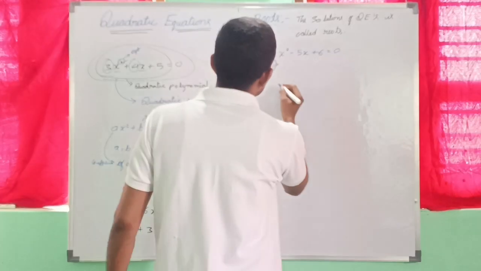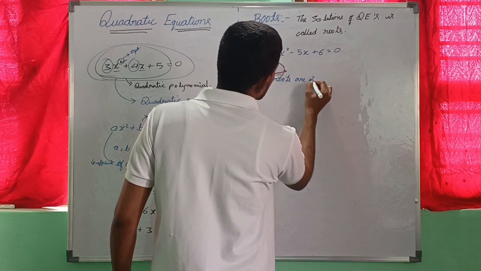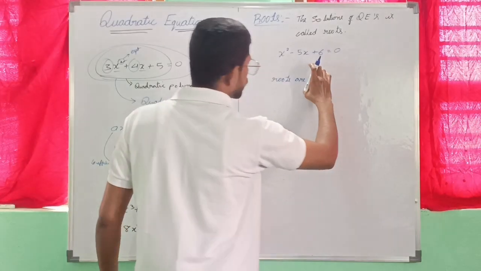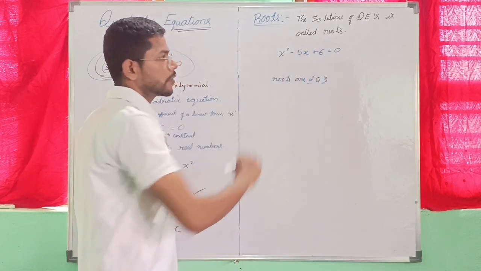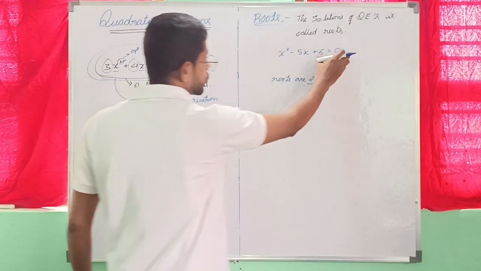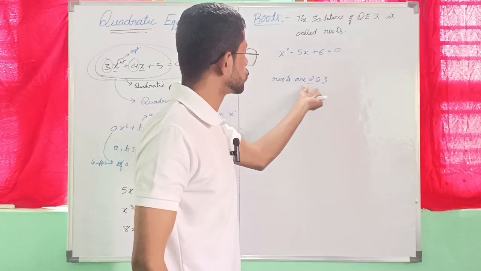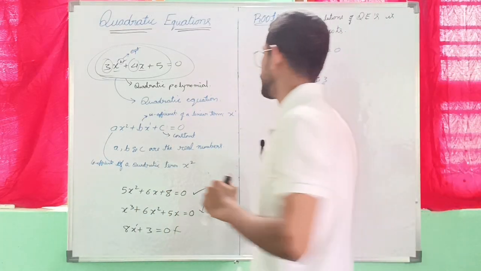Let us take the roots. Roots are 2 and 3. When we put these values in this equation, it will become 0. So we can call these two the roots of the quadratic equation.